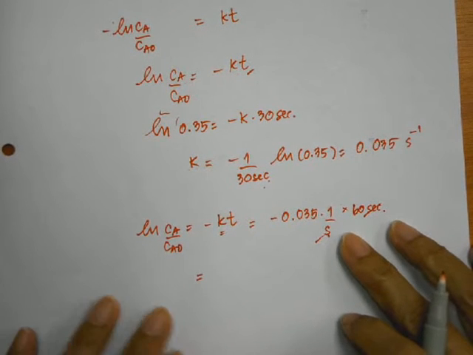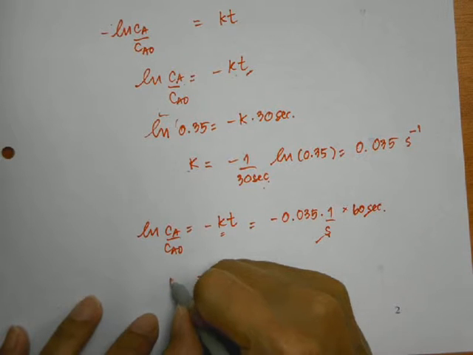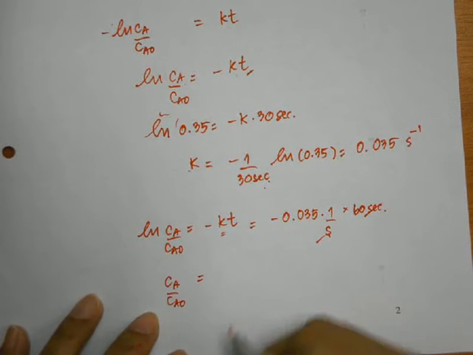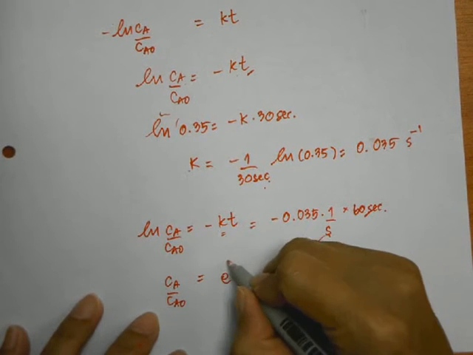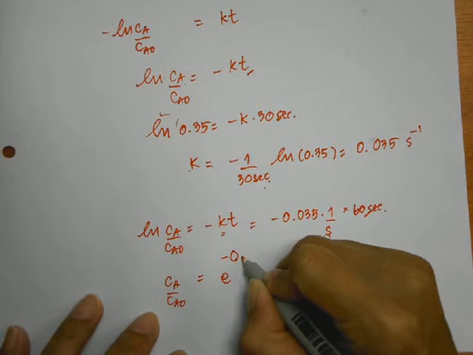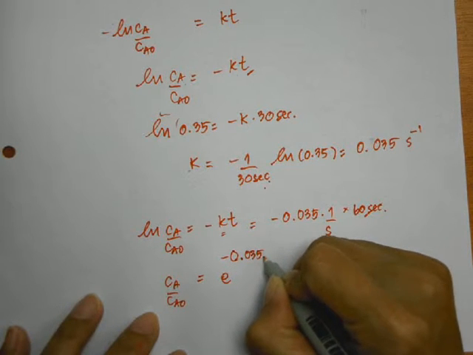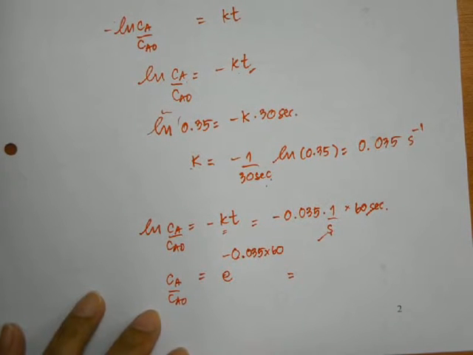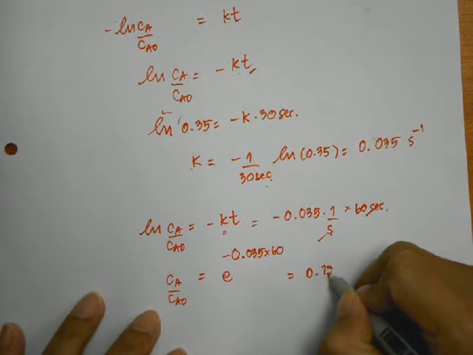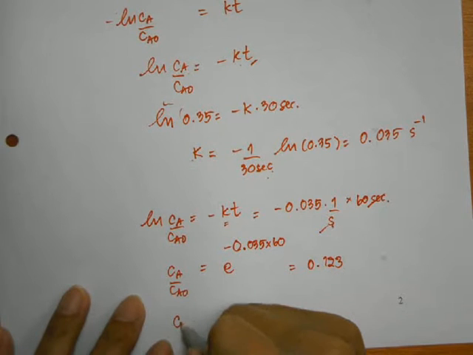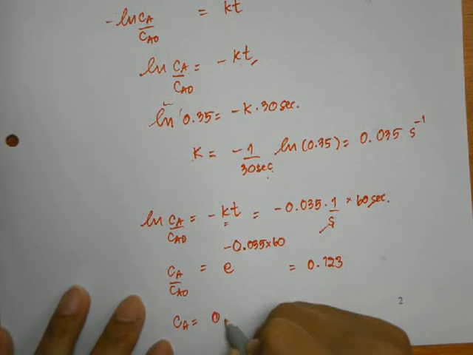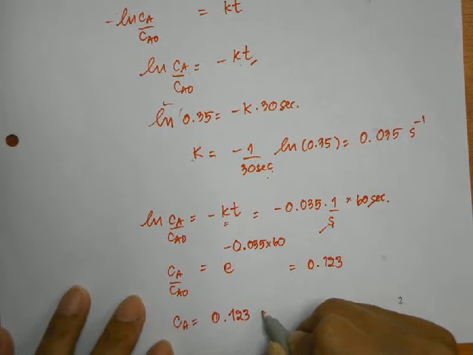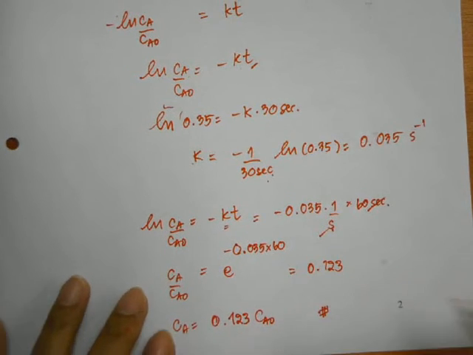Now you would get CA over CA0 is equal to exponential of, which is equal to 0.123. Now you can say that the fraction CA over CA0 is equal to 0.123 CA0. That's the answer.